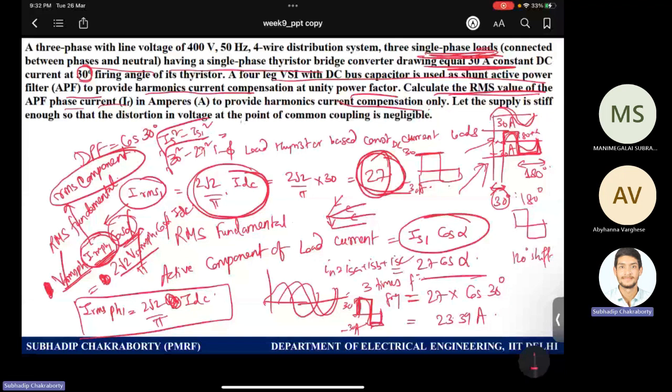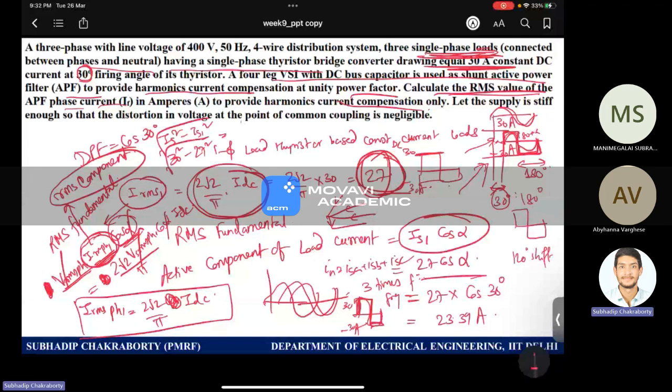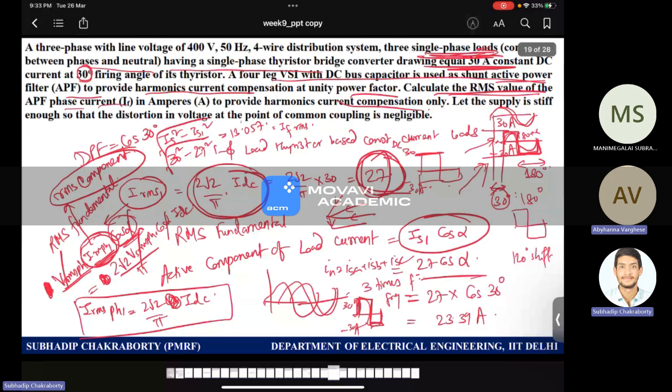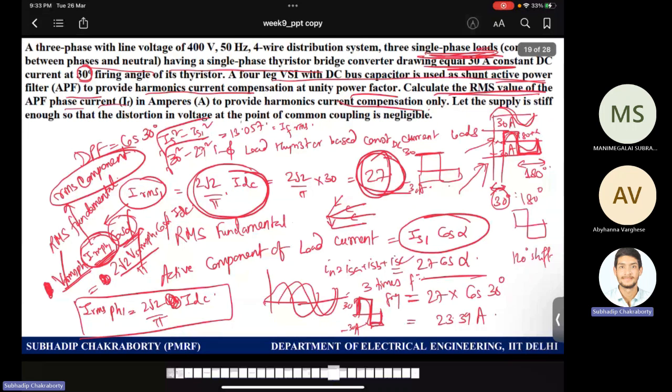And someone asks you to calculate the KVA rating of the shunt APF, then what will be the KVA rating? Can anyone tell me? So please be cautious, not root 3 into V into I. No, this is a 4-wire system, so you do it per phase. 3 times V filter into I filter for each of the 3 phases.